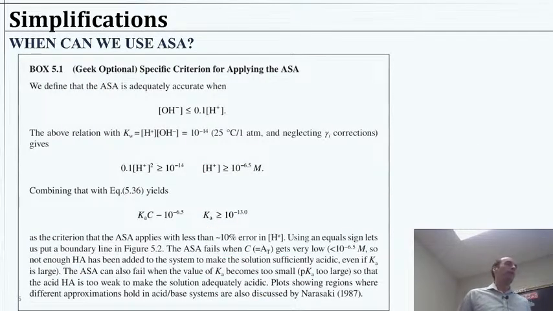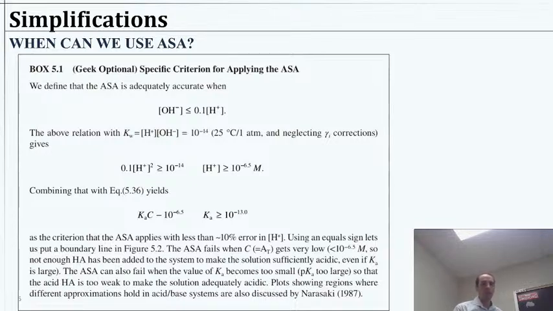So when can we use that assumption? Well, the book says if we want to be really nerdy about it, then we can get into that. And basically the definition is anytime OH minus is less than 10% of H plus. It holds true enough and works pretty well. So that's actually a fair amount of pH ranges, and it gives a little more explanation about that and some other thoughts.